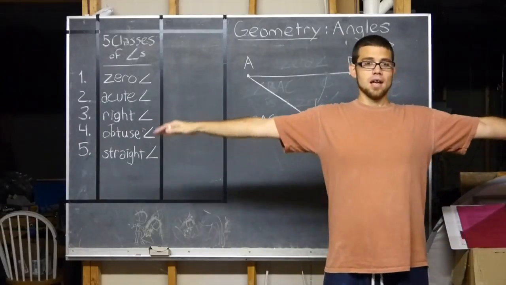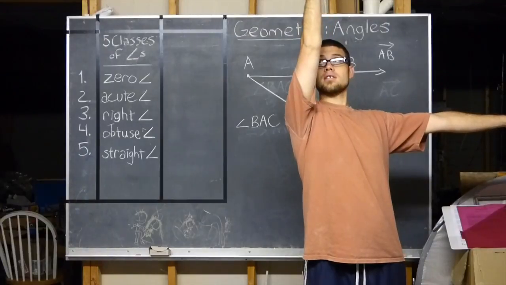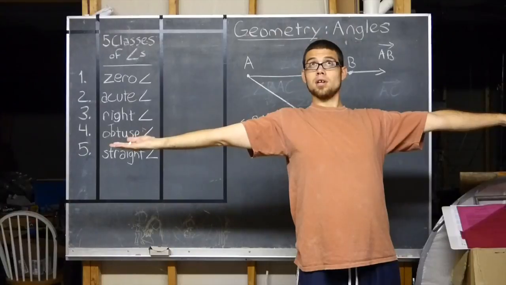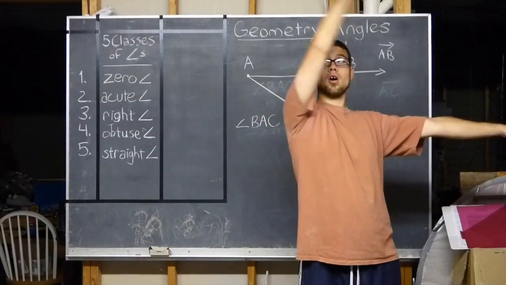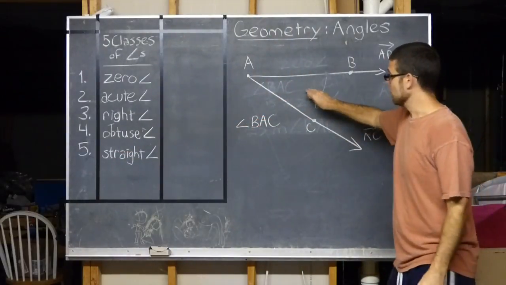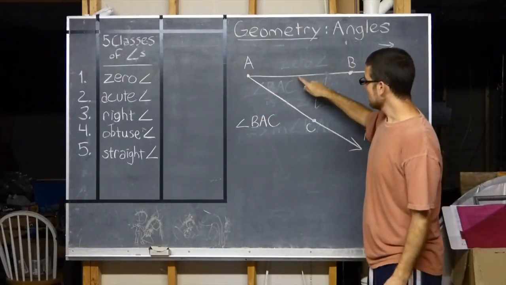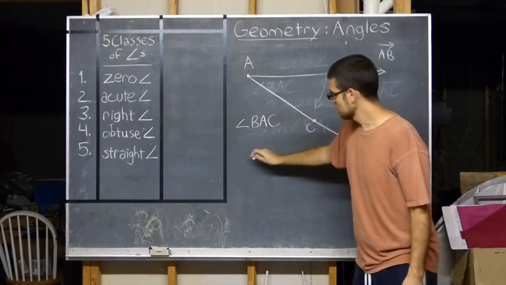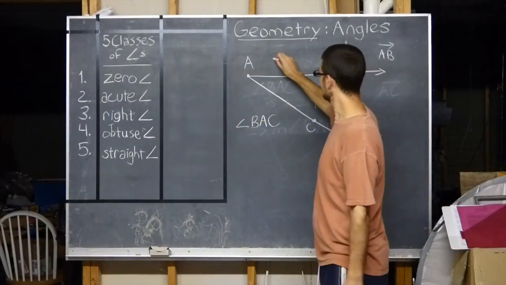It is halfway from 0 to the 180 degrees, so it takes a 90-degree angle and a 90-degree angle to make all 180 degrees. But this isn't that. If we have two of these, we're definitely not getting all the way to 180 degrees. So any angle that's greater than 0 degrees and less than 90 degrees is an acute angle.